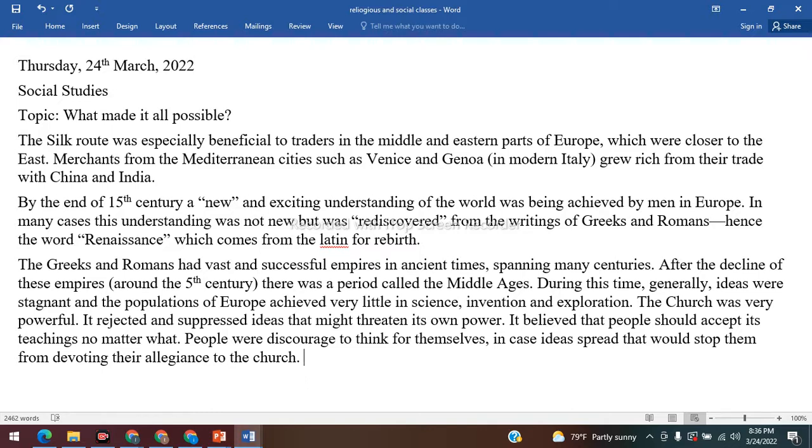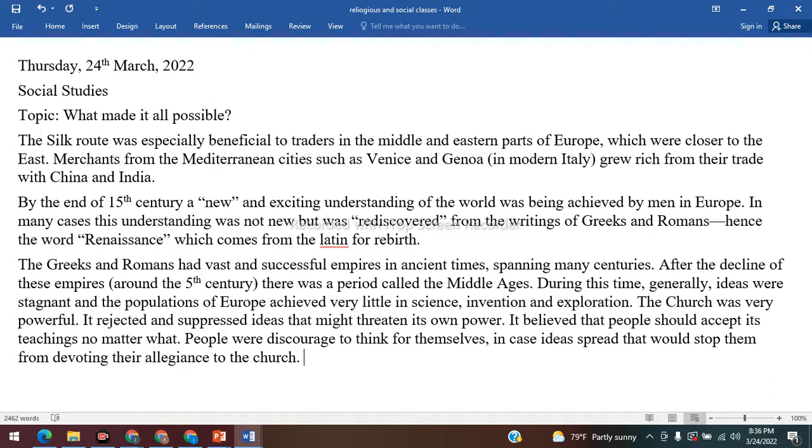You're not allowed to think for yourself; you are to think only what the church tells you and do only what they say. But after that came the Renaissance, where ideas and inventions blew up, because people got tired of listening to a failing church.